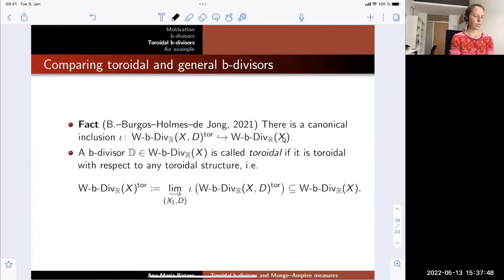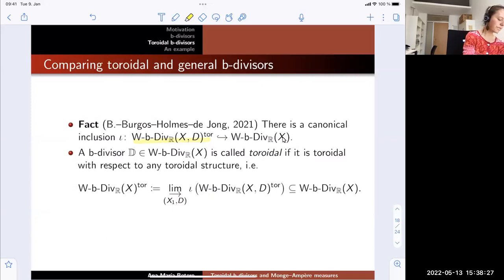then what we also want to do is compare toroidal and general b-divisors. I mean, if you're given a b-divisor, we would like to say, oh, this is toroidal with respect to one toroidal structure. At the beginning it was not at all clear that you can do this, but it is a fact that there is a canonical inclusion from the set of toroidal b-divisors with respect to this fixed toroidal structure into the set of general Weil b-divisors.